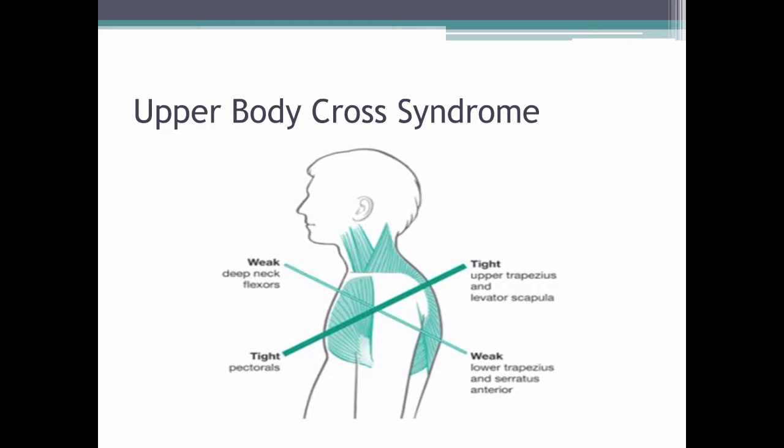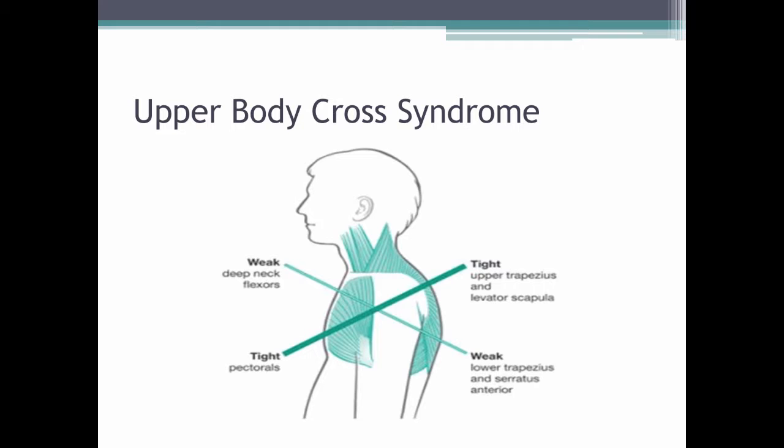Upper crossed syndrome. Basically this means that you've got weakness on one side and tightness on the opposite side. So agonists may be tight and the antagonists are weak, or the agonists are weak and the antagonists are tight. Hope I said that right. Anyway, the picture here shows the weakness in the deep neck flexors with resultant tightness on the opposite side.